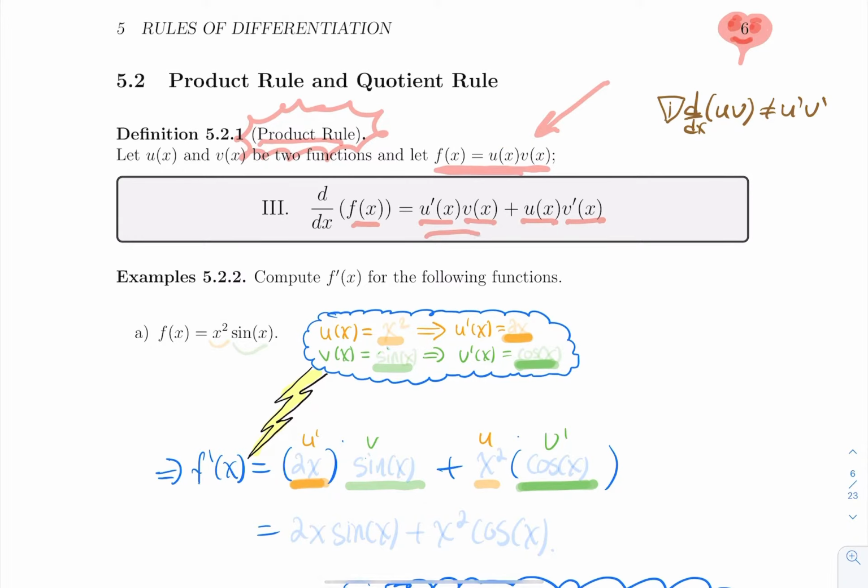The way I remember the formula is that you're only differentiating one term at a time. You start with uv, but you only differentiate u first, and then you multiply by v. And then the second term, you leave u alone and you differentiate v only. So u prime v plus u v prime.